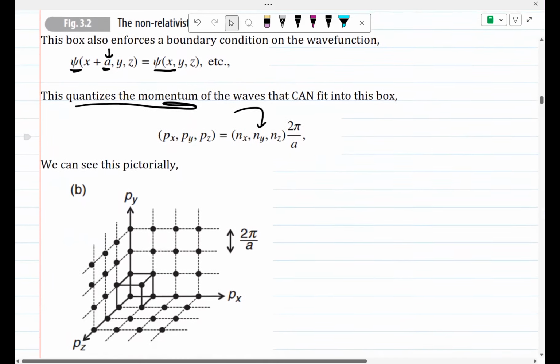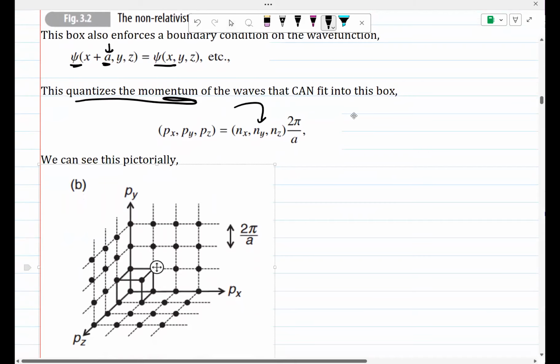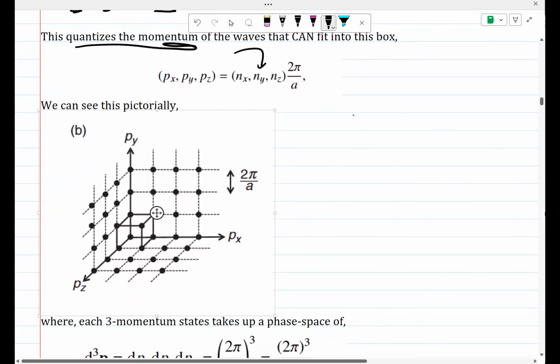I think it's a good picture from my condensed matter class, not from this class actually, and I'm going to try to explain it. If you don't 100% understand it, it's okay, because I didn't either when I was taking the condensed matter class. So the idea is that you have some 3-momentum of your particle.